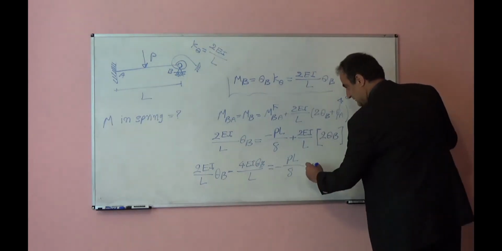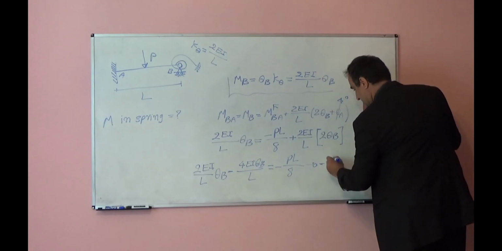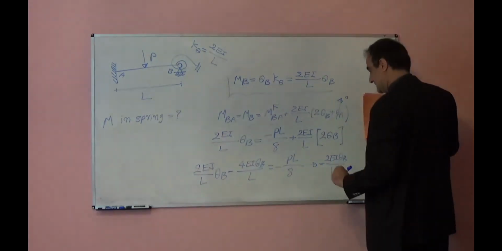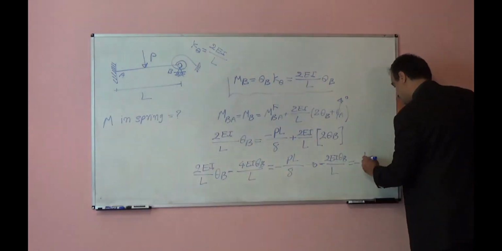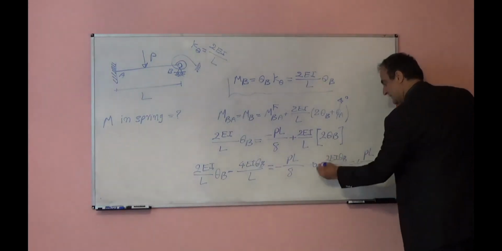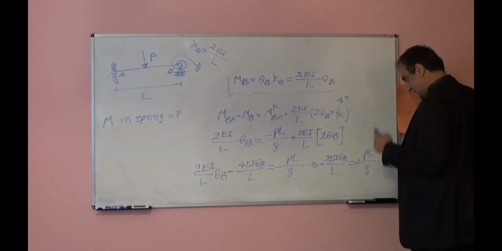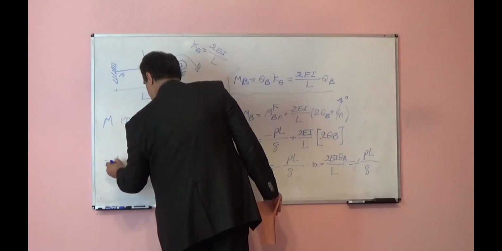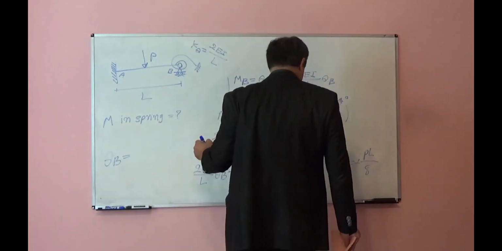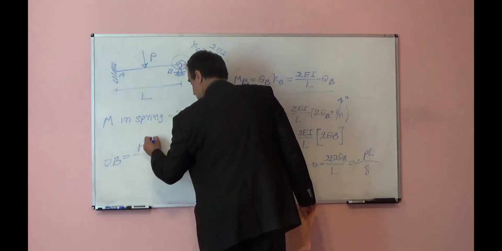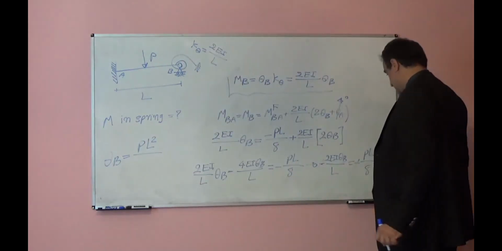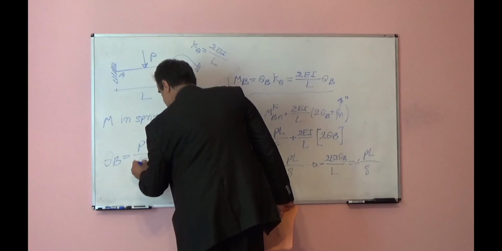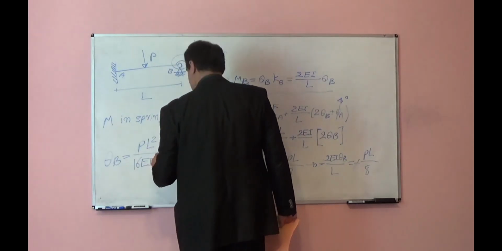From here, this will be negative 2EI theta B over L is equal to negative PL over 8. Negative and negative, they will cancel from both sides. So theta B will be equal to PL squared over 16EI.